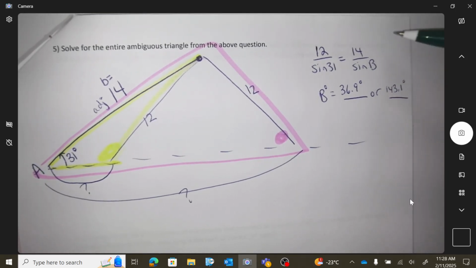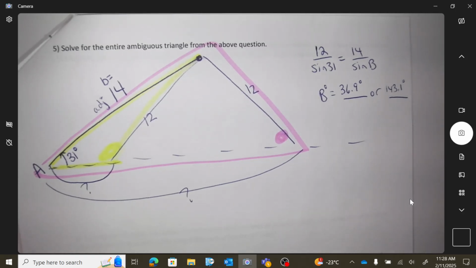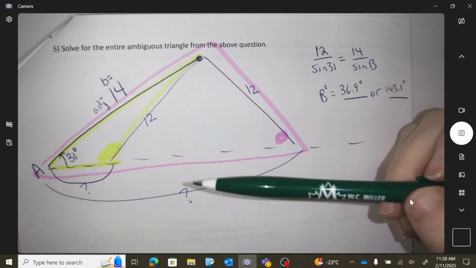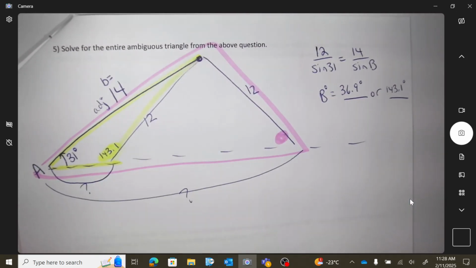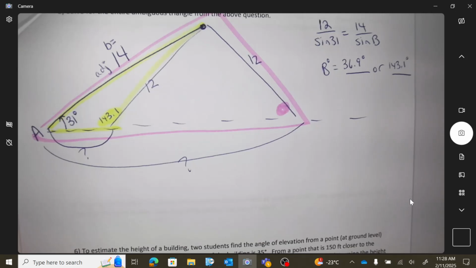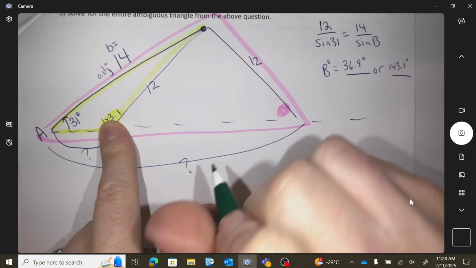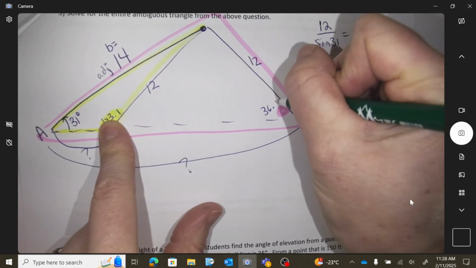So thinking about what I just did, I figured out the angle across from 14. So in my visual, I have an angle across 14 there, or there.